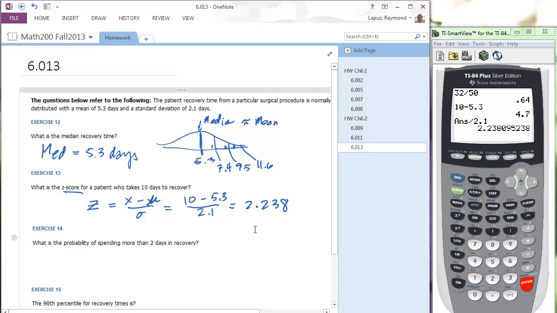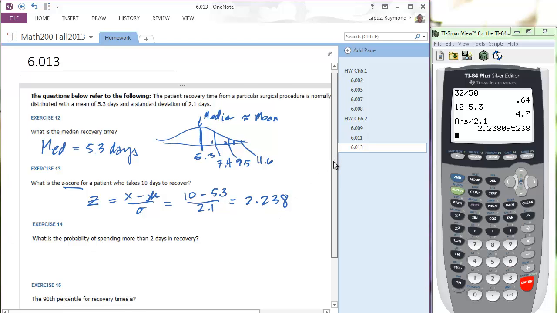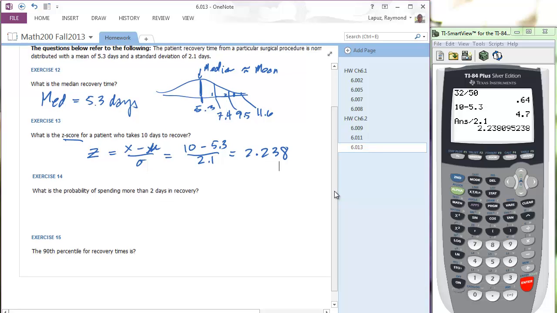The next one is, what's the probability of spending more than 2 days in recovery? That's going to require us to find the area under the curve or use a normal CDF. So 5.3 is the mean. 2 is somewhere less than that, and it's going to be all this area to the right of that, so it should be bigger than half.